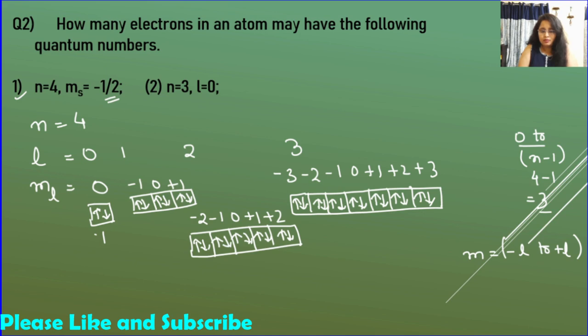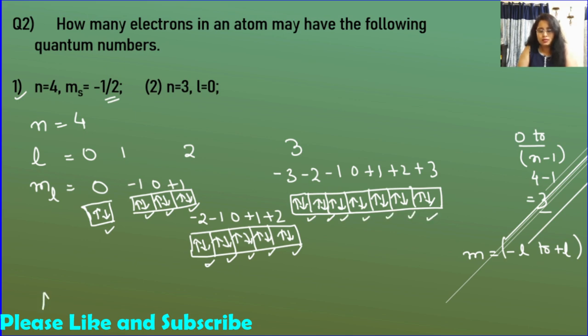We just count it: 1, 2, 3, 4, then 5, 6, 7, 8, 9, 10, 11, 12, 13, 14, 15, 16.